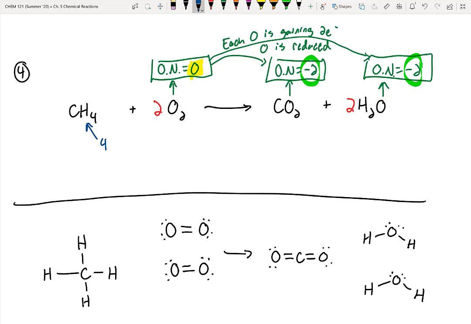If we had 4 hydrogens that were +1, what does that tell us about the carbon? What oxidation number must it be? -4. Yep. In this case, it must be -4.